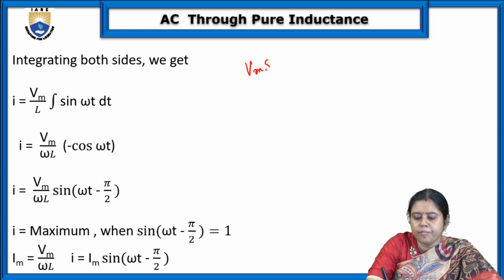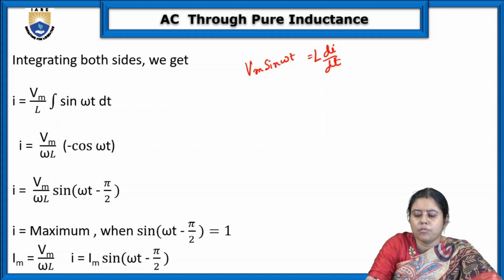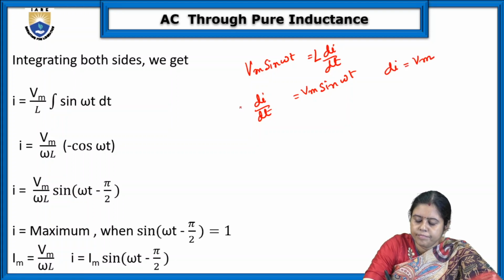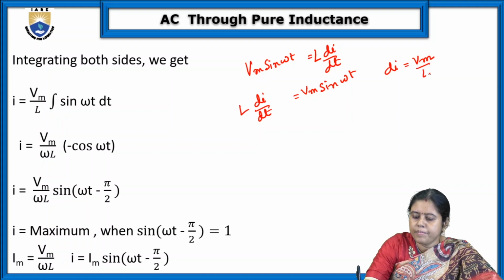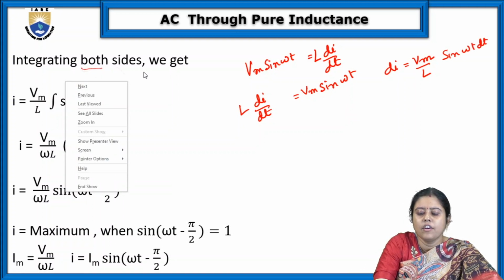So Vm sin omega t is equal to L di by dt. If there is a rate of change of current, a voltage will be induced in the circuit. So di by dt is equal to Vm by L sin omega t. So di is equal to Vm by L sin omega t dt. Now what are we doing? We are integrating both sides.